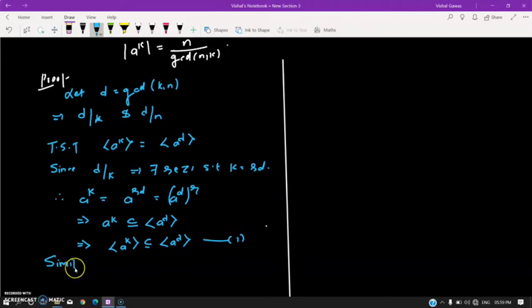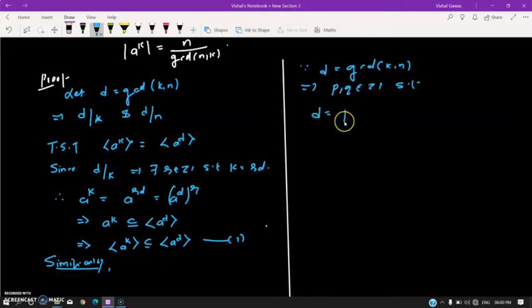Similarly, since d is gcd of k and n, there would exist p and q in Z such that d is equal to pn plus qk.